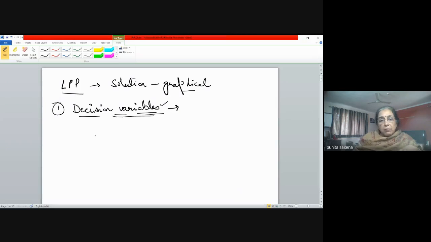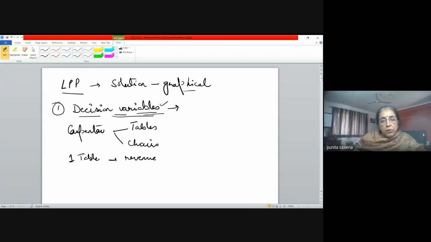Okay, say for example, we'll start with a general example and then we'll see how the problem can be formulated. Now, supposing there is a carpenter, okay, and he manufactures two things. Say he manufactures tables and chairs. I'm talking of only two things now. Okay. Now, each table, like one table, fetches him a revenue of say 5 rupees.